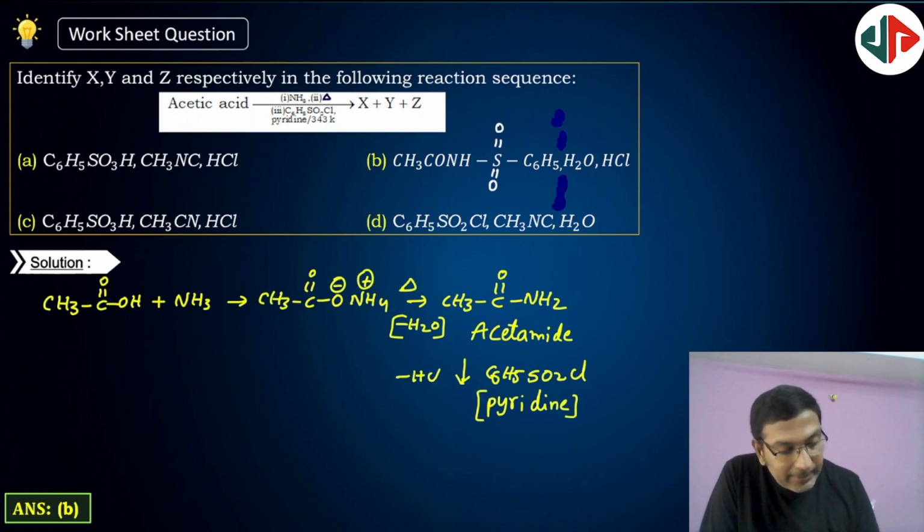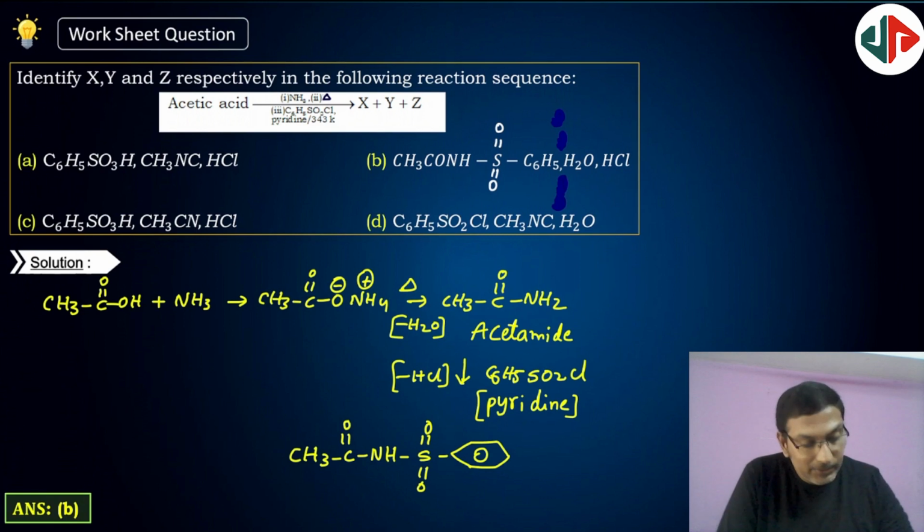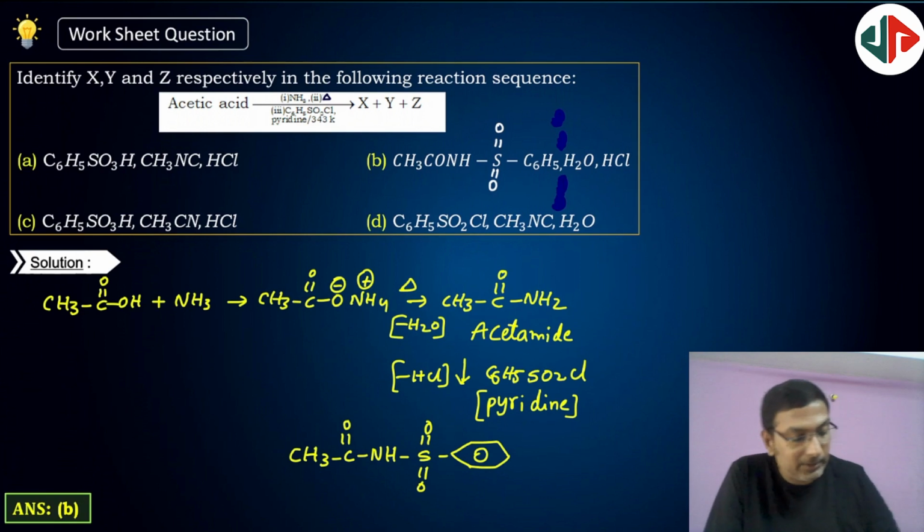So here minus HCl gives CH3CONH, so here H and Cl will be removed, NHSO2 and the phenyl. So this will be the compound. Removal of HCl. So pyridine is basic and removes HCl easily. So CH3CONHSO2C6H5. So option B.